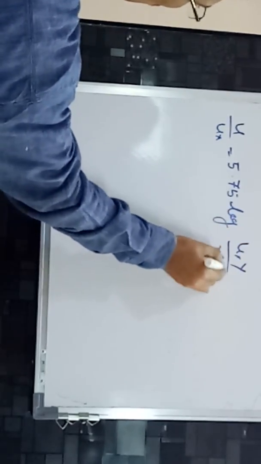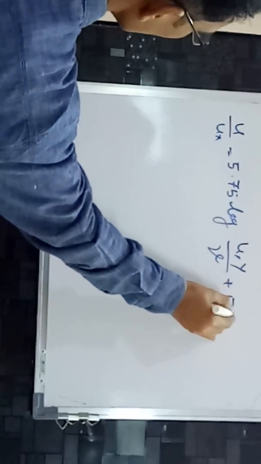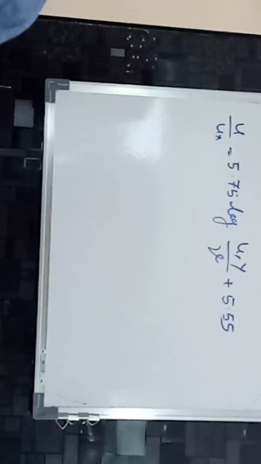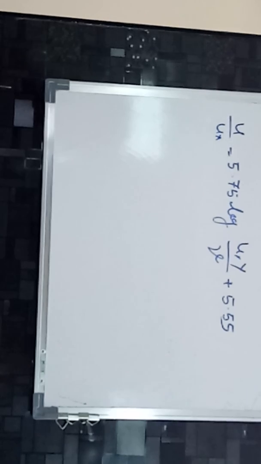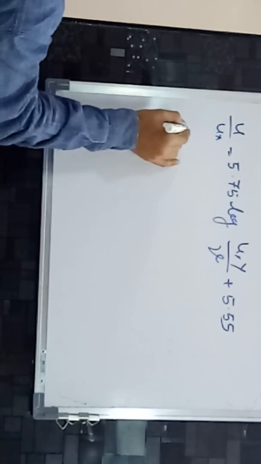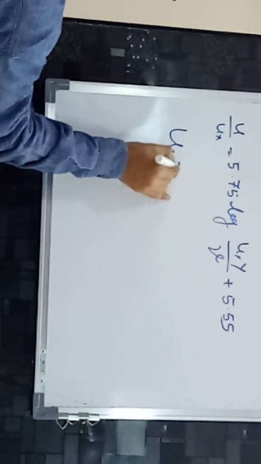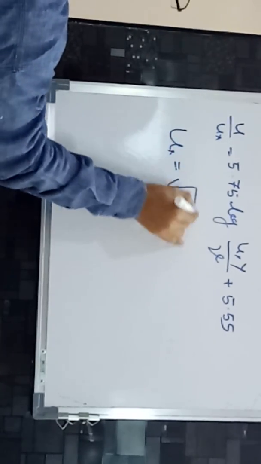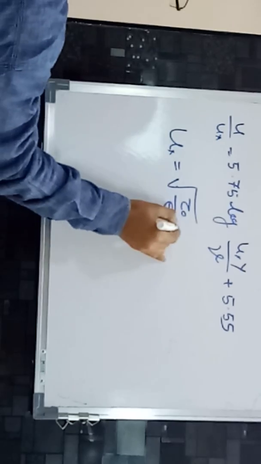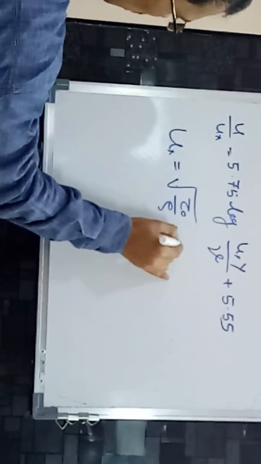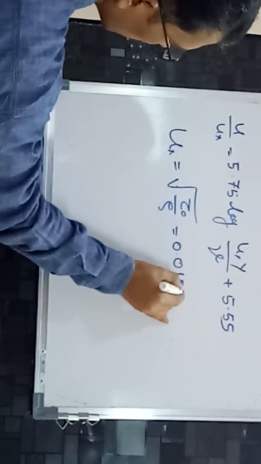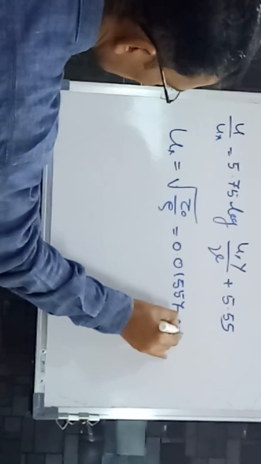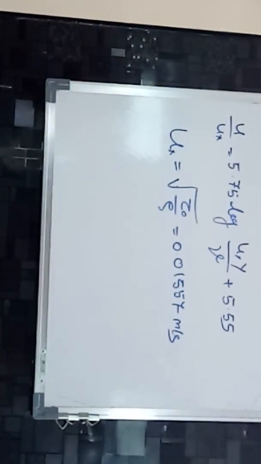Okay. So now see, if you know the shear stress, so shear velocity will calculate how? So under root tau 0 divided by density, and it will come 0.01557 meter per second.